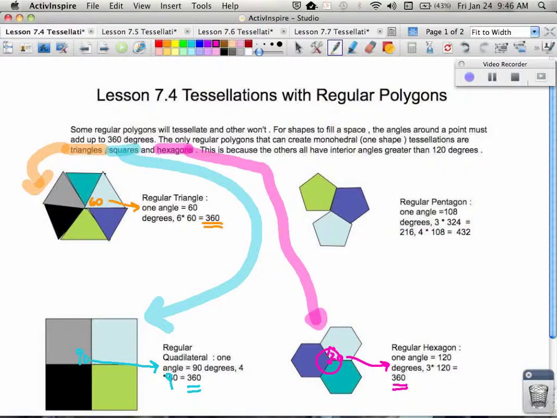Up to the right, you see that we talk about a pentagon, and pentagons don't work because if I look inside the pentagon, what I see is an angle measurement that's 108 degrees.